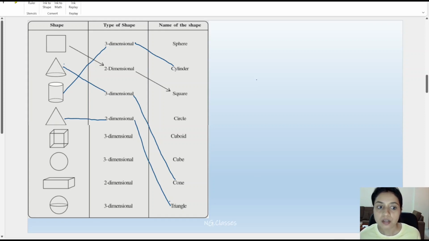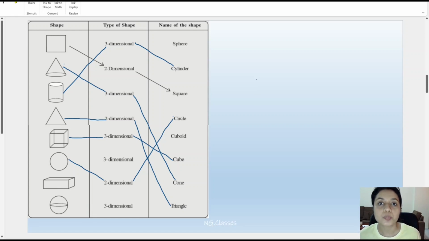Our next figure is a cube, and a cube is also a three-dimensional shape. So let's match it. Let's move to the next figure, and our next figure is a circle. Circle is also a flat figure. So it's a two-dimensional shape. Let's match it. Let's do the next one. The next figure is a cuboid, right?